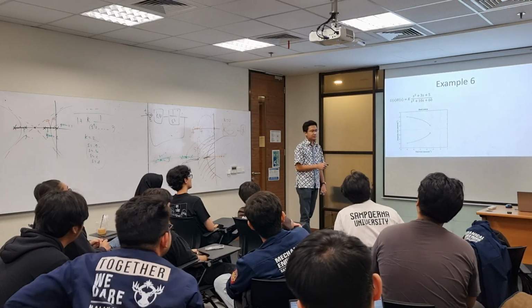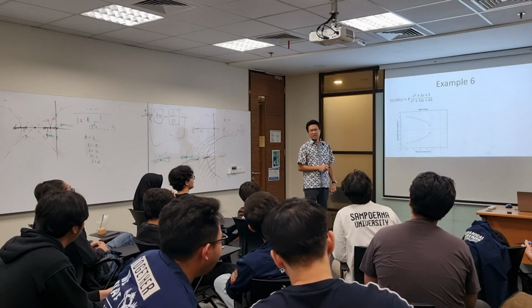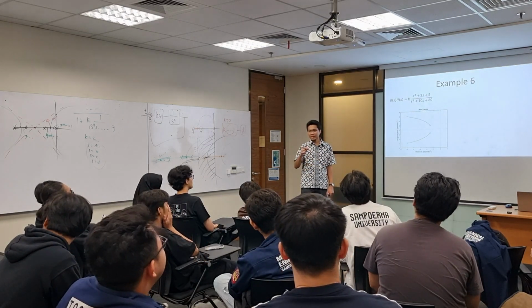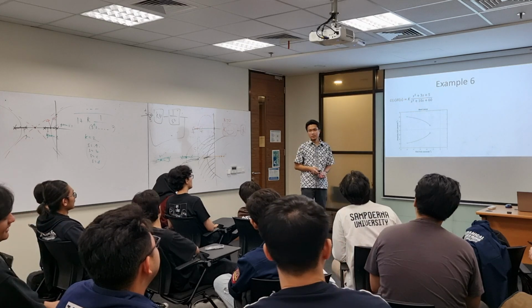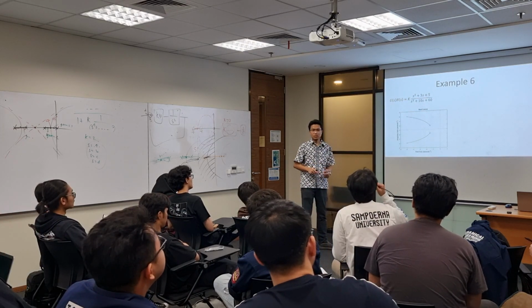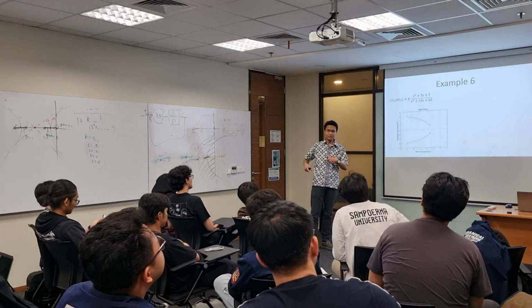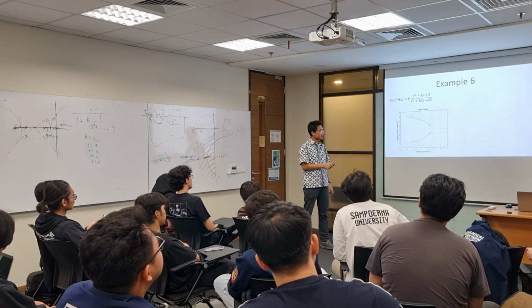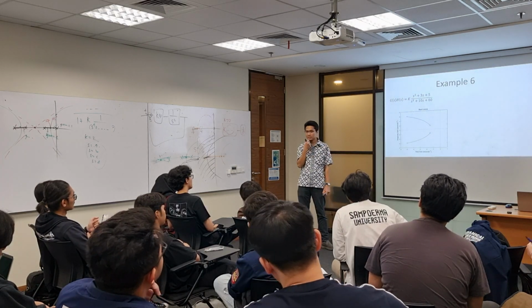Okay, this example. In this example, open loop poles are not located on the real axis. All of them, open loop poles and open loop zeros, are on the complex plane, so none of them touch the real axis.